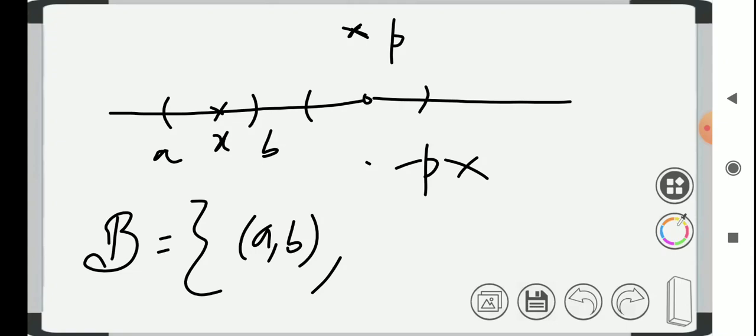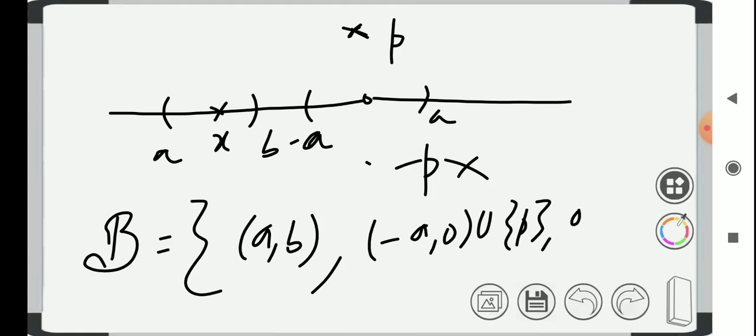Suppose this is some minus A here, and this is some A. Another set we choose in our basis is minus A, 0, union singleton P, union 0, A. This is another set in the basis.